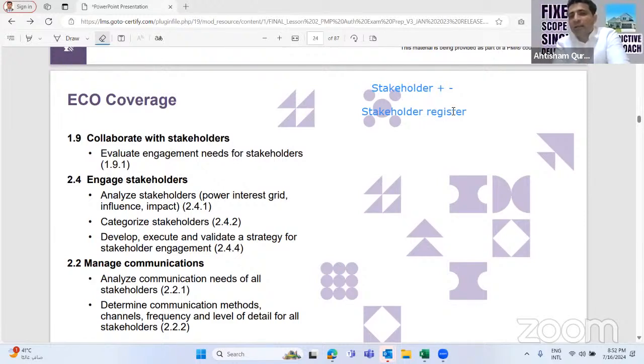Then we capture all the details of these stakeholders: their name, their interest level in the project, their current engagement, desired engagement, whatever.